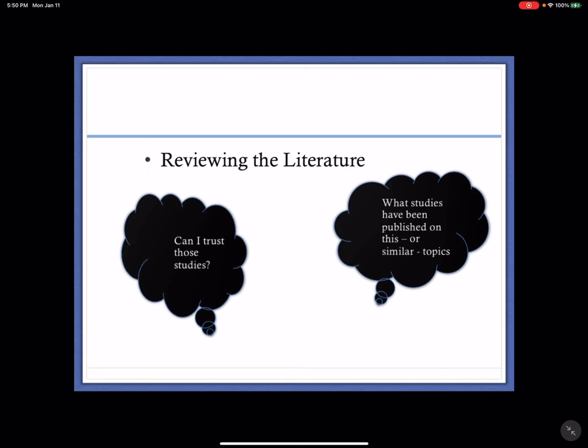Second step, and these are iterative with each other, is reviewing the literature. In the case of the babies, I might look at a lot of different studies about what kind of music makes you smarter. For example, I might find a couple of other studies about college students, and I might find that listening to Mozart helped students solve math problems better.